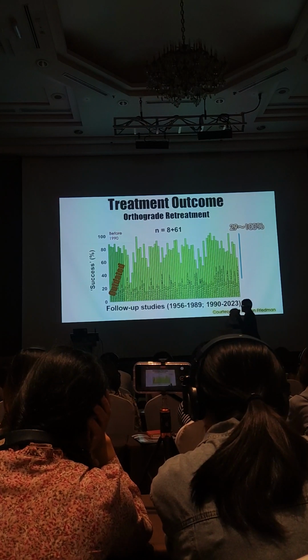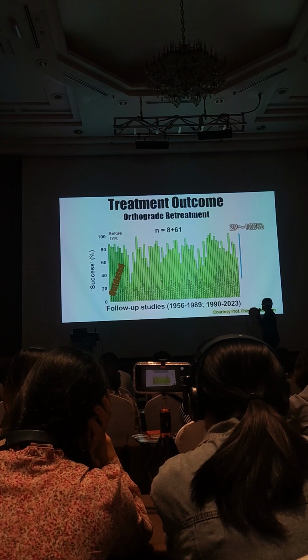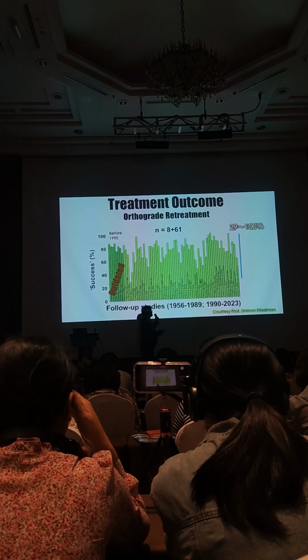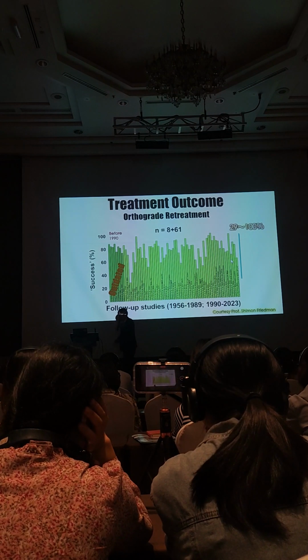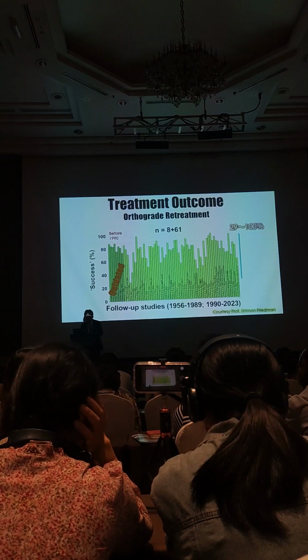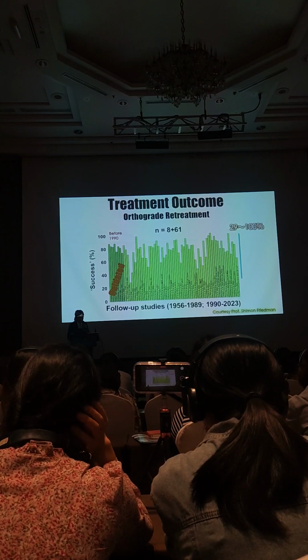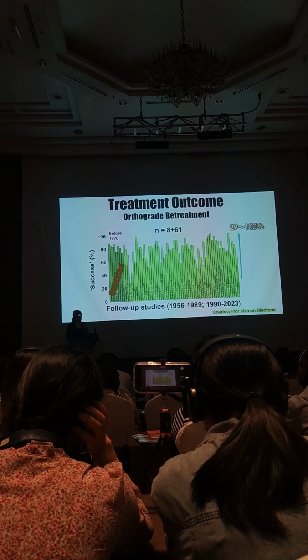So we are looking at the studies after 1990. And the gap in the success rate is huge. Look, 29% and 100%. The gap is huge, from 29 to 100%. It's almost a 70% gap.